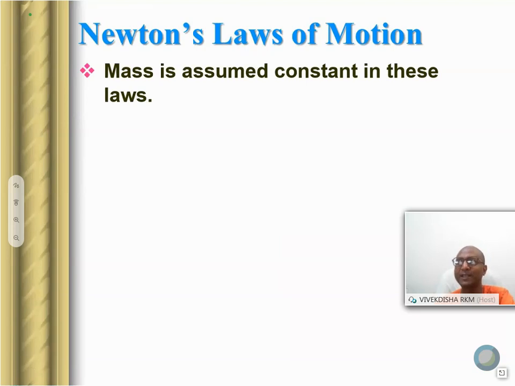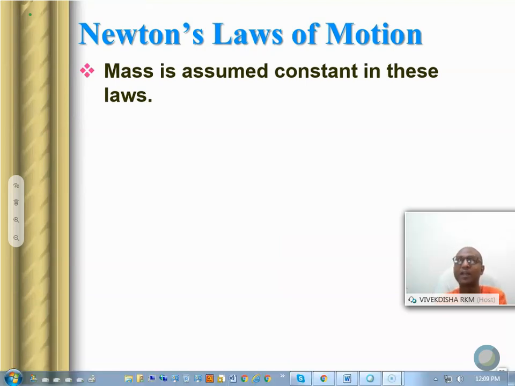When you are applying Newton's law, the mass cannot be increased. Suppose you are launching a rocket, at that time fuel is burning, so the rocket is losing mass. We will not consider the losing mass of the rocket. So mass may be decreased or increased, but we are not considering that. We will consider mass as a constant in this law.